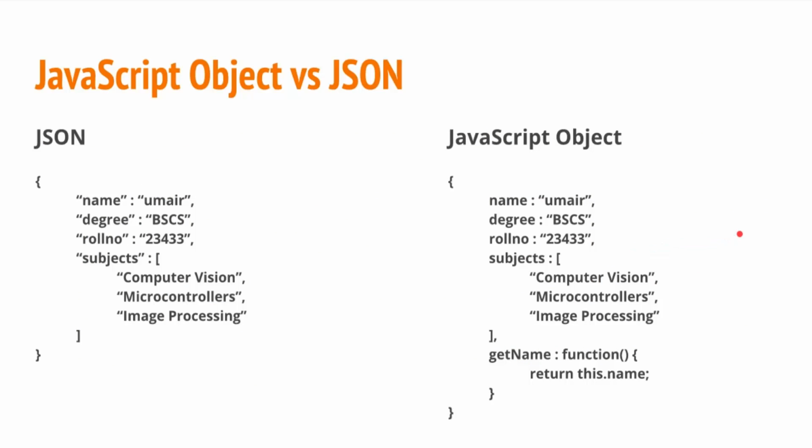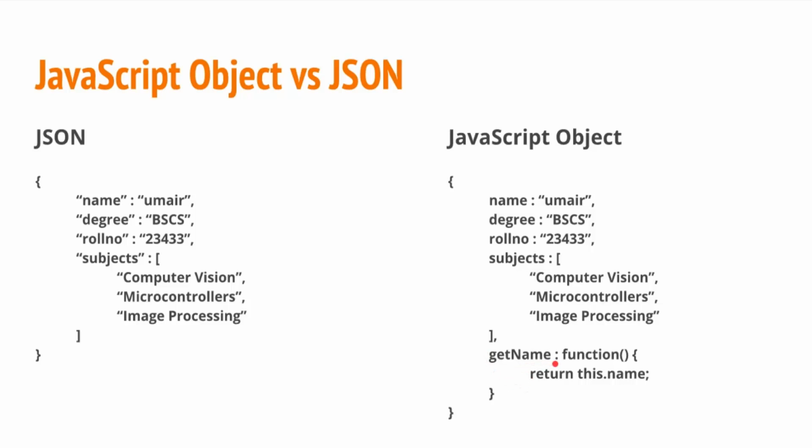So now what is the difference? You can see that on the left side I have written JSON, and that is in double quotes. There is a degree, I have added the key in double quotes, and everything is in double quotes. On the right side I have a JavaScript object. You can see that I haven't added double quotes on the keys. This is the proper structure of a JavaScript object, and I have a degree and I have subjects, and at the end I have a function.